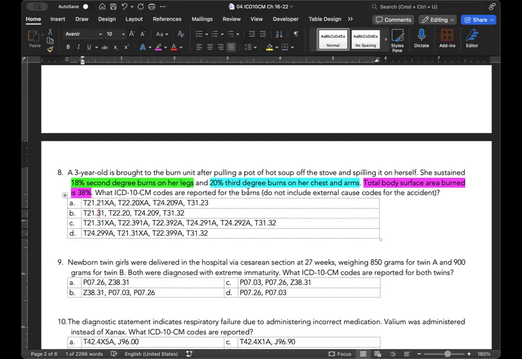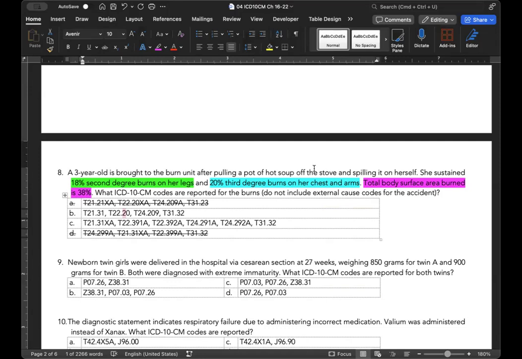So if we know our third degree burn has to be sequenced first, without opening our code book, we can automatically rule out 2 options because we know that the .2 is going to indicate second degree burns. Does that make sense? Okay. So now, knowing what we know, our second code in this one is a .2, but we have 2 burns that are third degree, right?